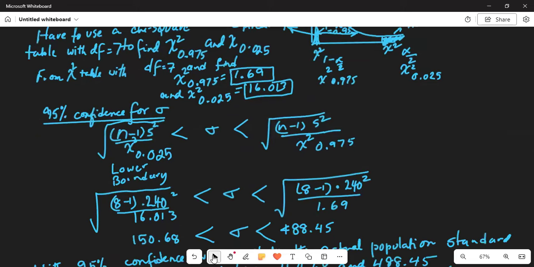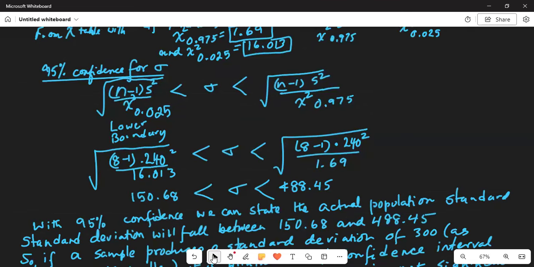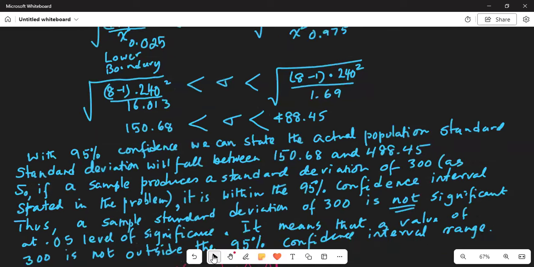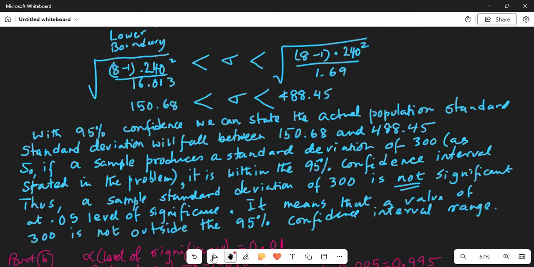So we found the lower boundary for the standard deviation using the formula and the upper critical value, and we found the upper boundary using the sample variance of 240 square and the lower critical value. And we found that with 95% confidence, we can state that the actual population standard deviation is between 150.68 and 488.45.